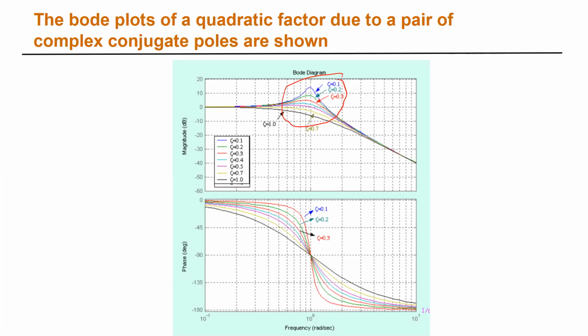In the case of the simple pole, at the corner frequency, I can just take the 3 dB point. But here, no, it depends on the value of zeta. How good your approximation is depends on the value of zeta.